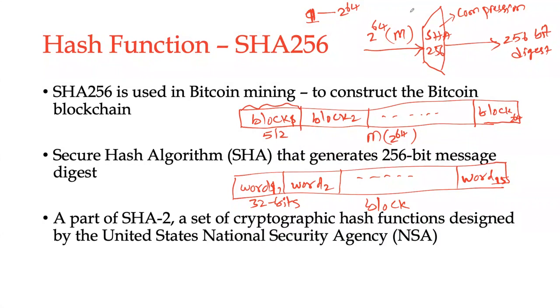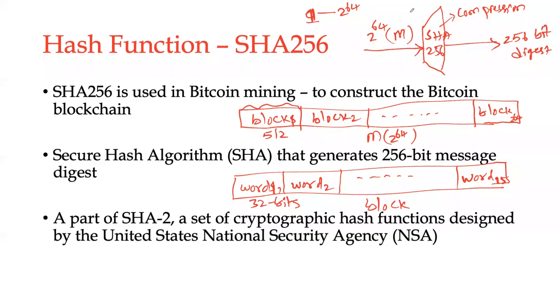Because the secure hash function does the compression without a key, it follows the encryption method of block ciphers, where a number of rounds happen on the blocks. So the entire message is divided into blocks, then blocks are divided into words.